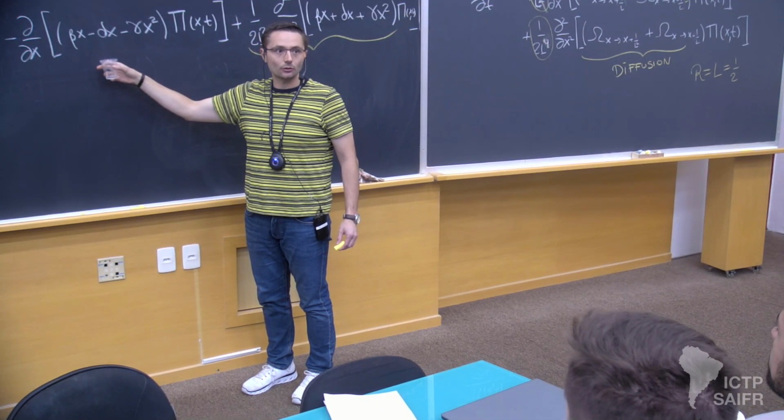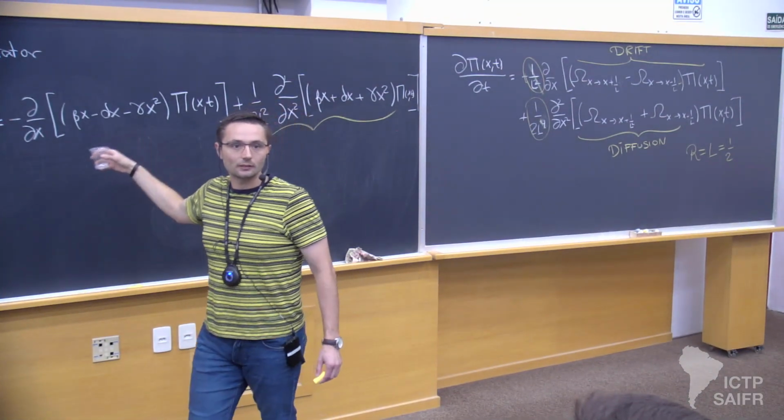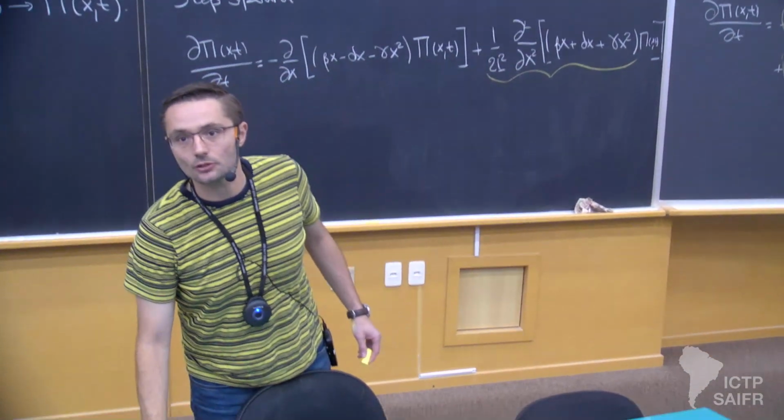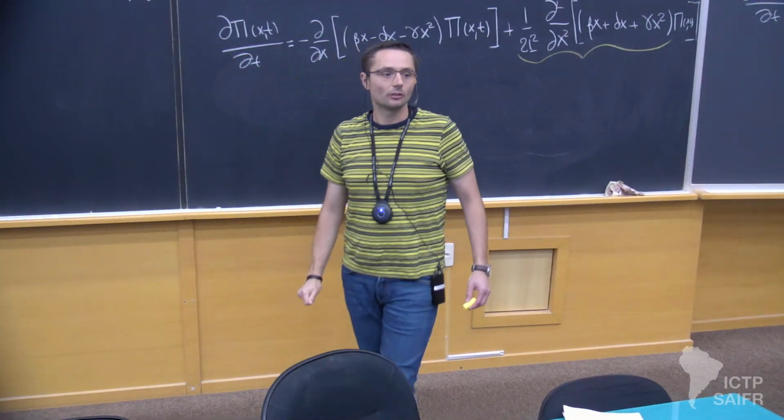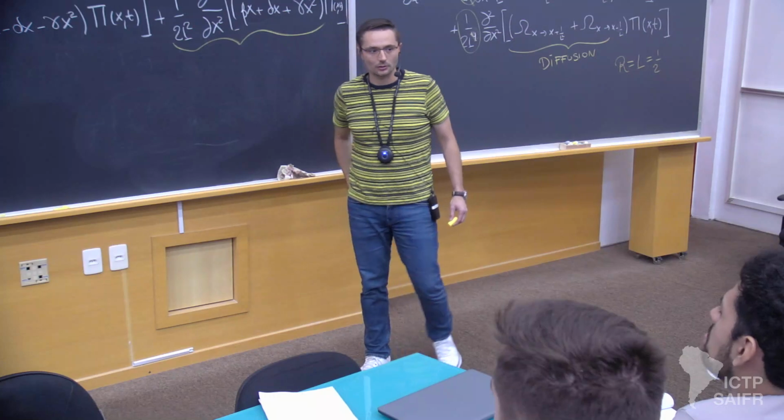If you go back to your notes, you will realize that from here, you can see the same structure that we saw in the ordinary differential equation for the mean value of particles.